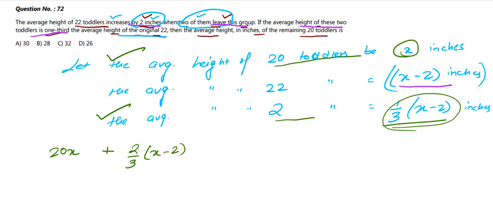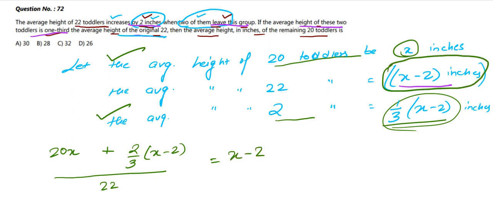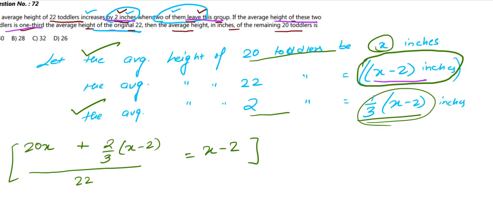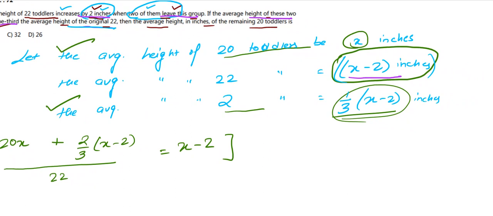This total height is divided by 22, which gives the average height of 22 kids, and that is equal to x minus 2. So this is our equation, which contains only one unknown variable, x. So we can solve this easily. Let me solve this here.